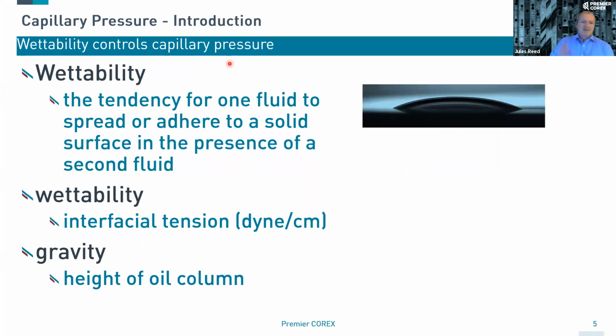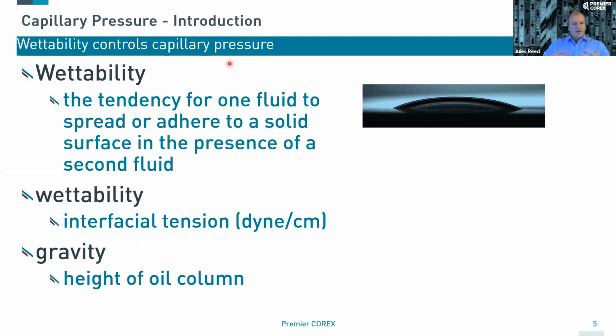So just as a quick recap of capillary pressure, what we looked at last time was that capillary pressure fundamentally is controlled by wettability. Wettability is the affinity of fluids or compounds for another compound.